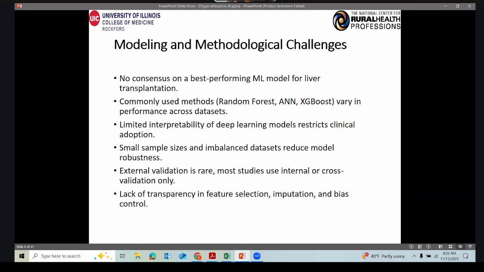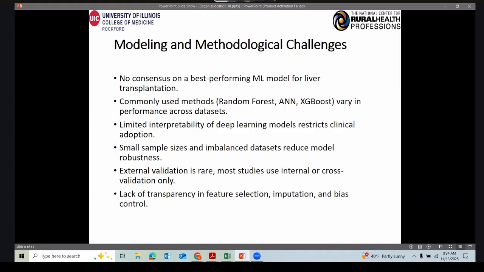Now let's also look at the modeling and methodological challenges that researchers face when applying machine learning to liver transplantation. First, there is currently no single best performing model for this area.